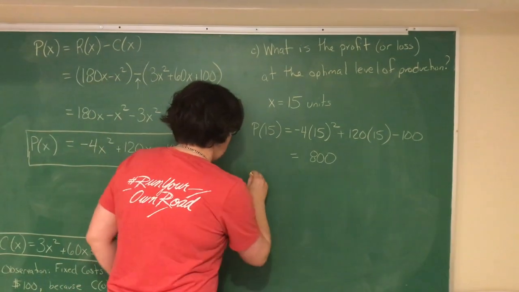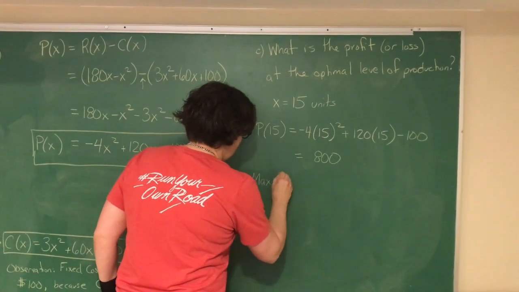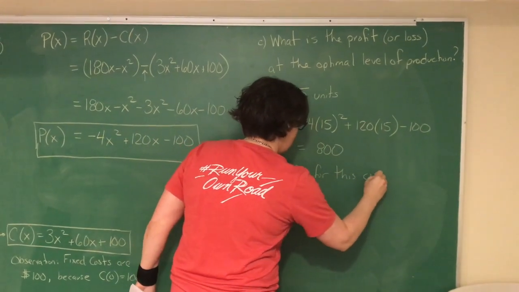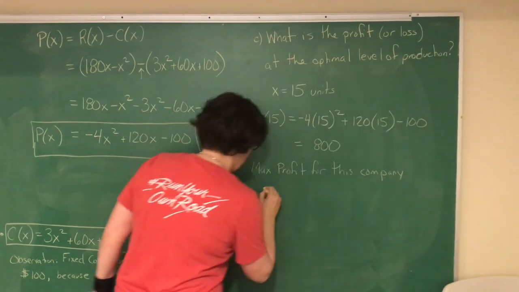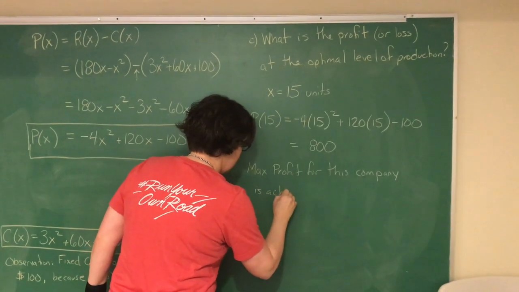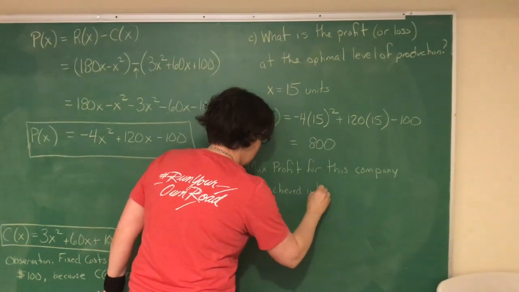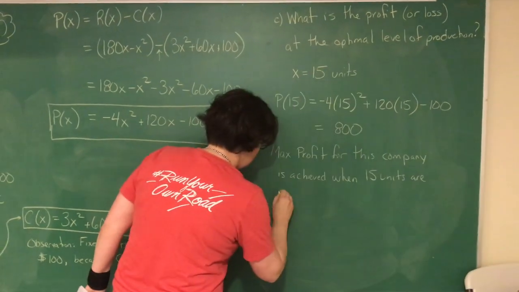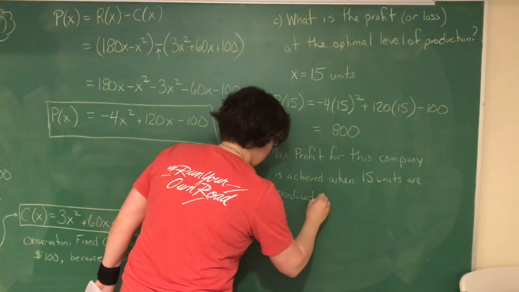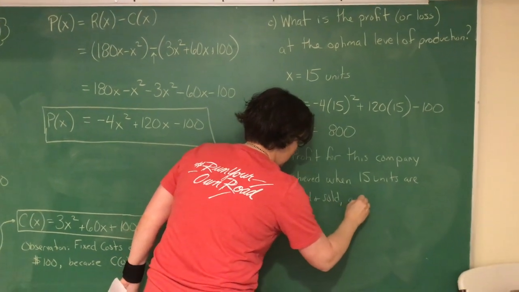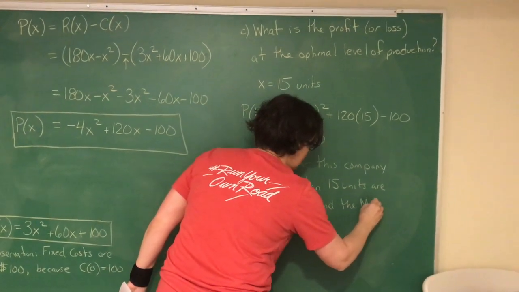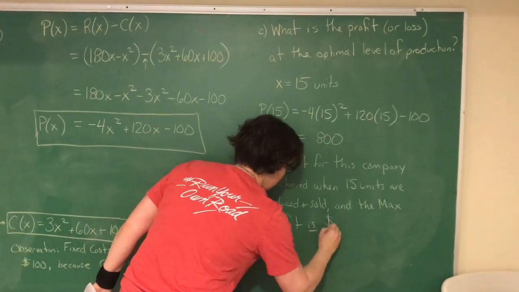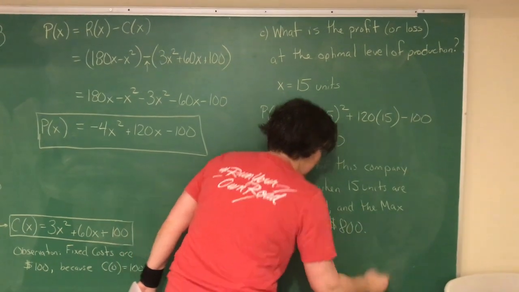And so what that tells me is that the max profit for this company is achieved when 15 units are produced and sold, and the max profit is $800.